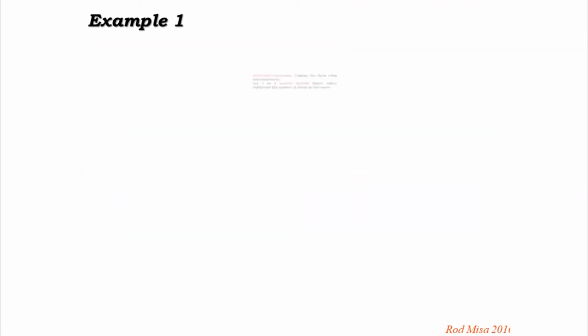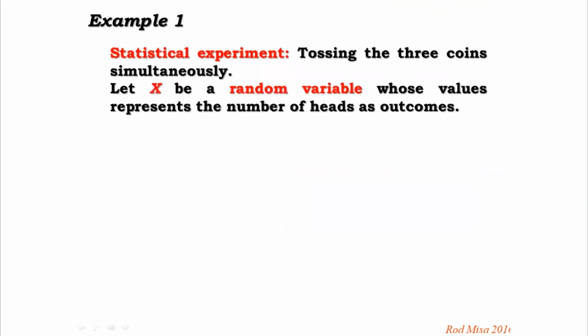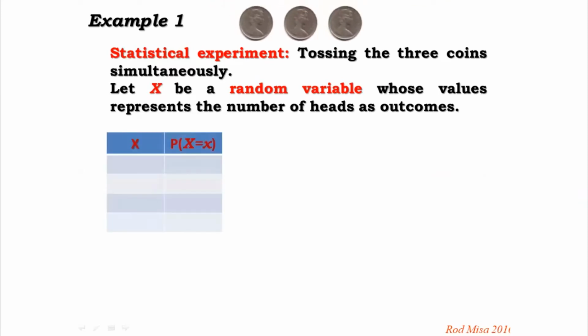Now, going back to our example number 1 of tossing 3 coins simultaneously, and our random variable x, which represents the number of heads as outcomes, we have this table as the representation of our probability distribution.